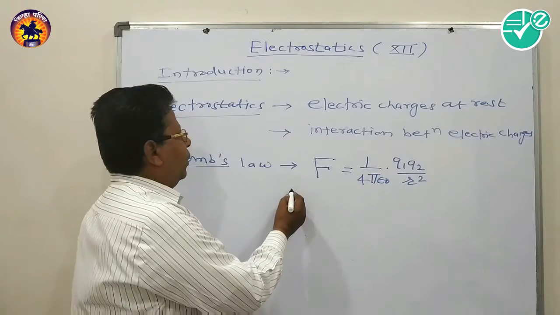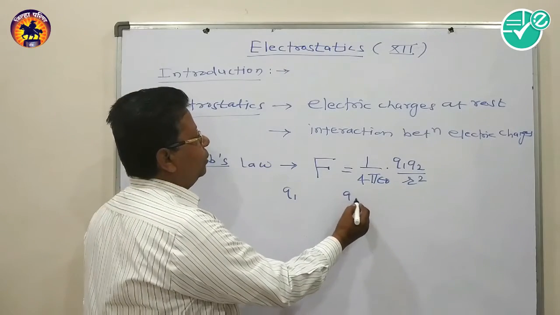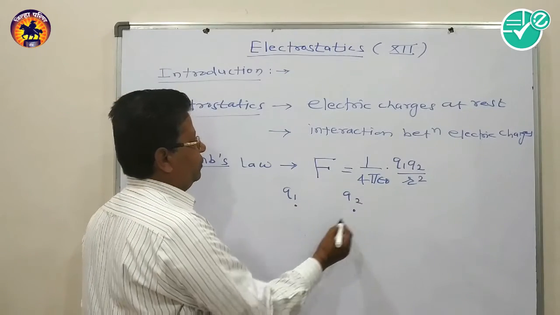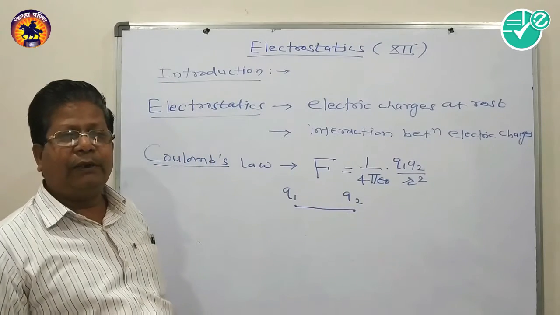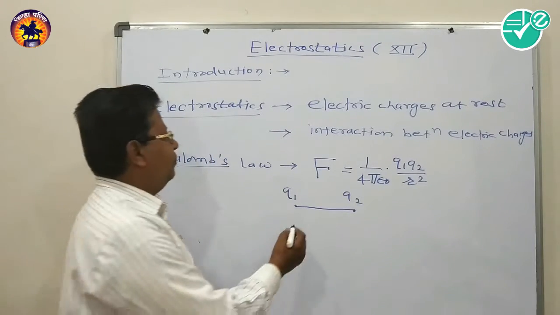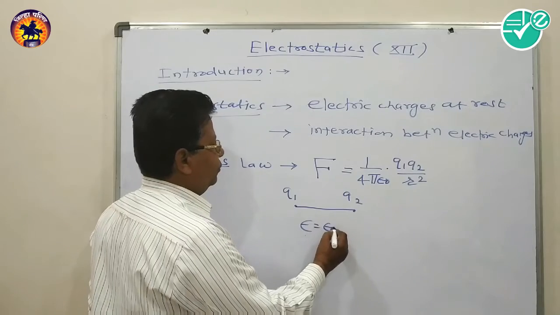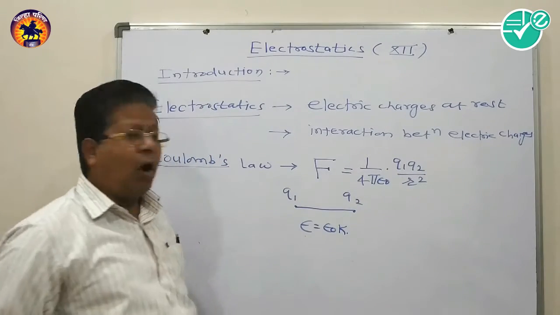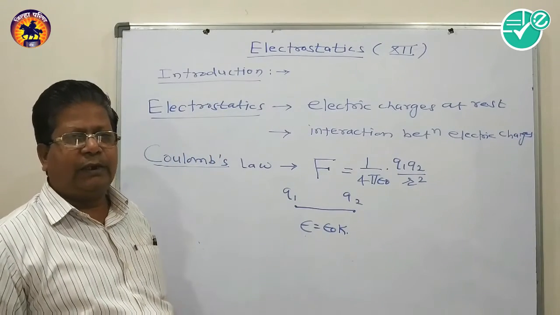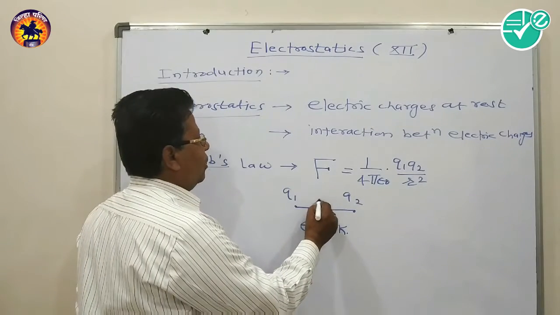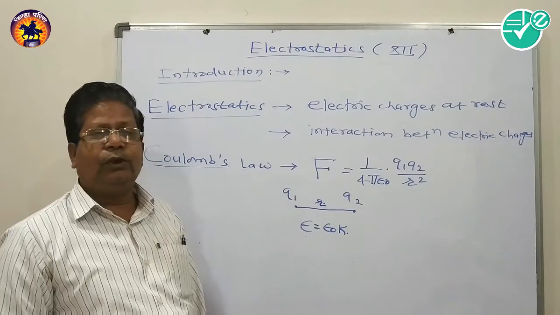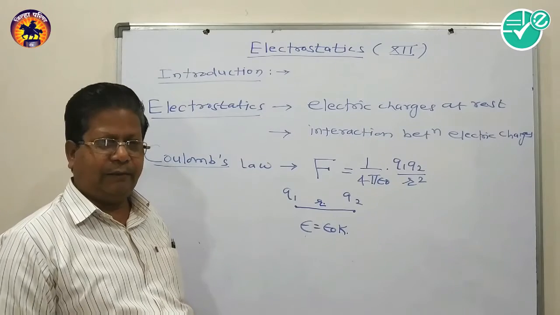where Q1, Q2 are the two point electric charges situated in a medium of permittivity epsilon, and this epsilon is equal to epsilon 0 k. Or these two charges are situated in vacuum or air, and the distance of separation between them is r.